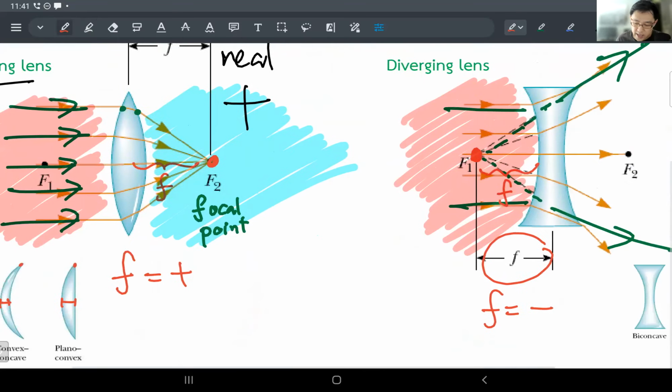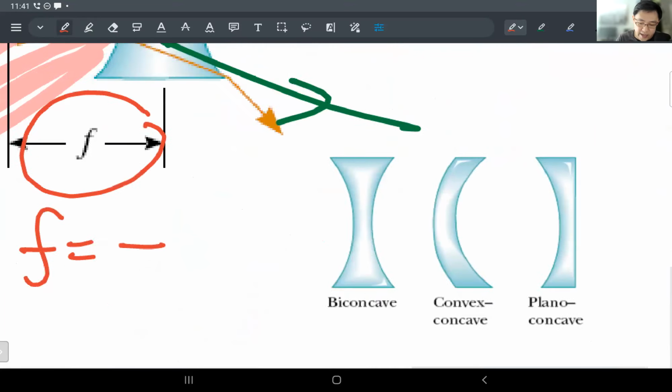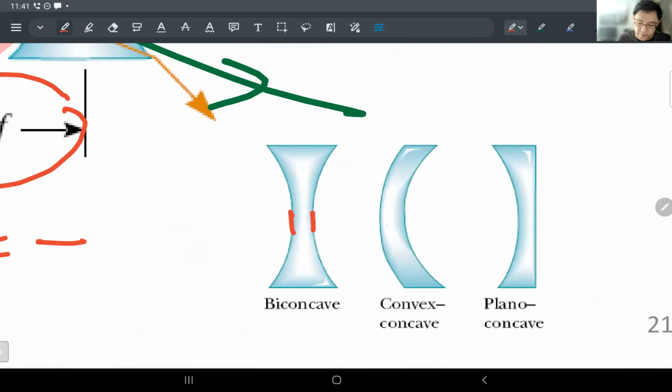Same thing with the diverging lens. As long as the center is thinner than the rim, that is good. These all have the property of diverging light. And for those of you that have short-sighted glasses, I think they are all using this type right here.